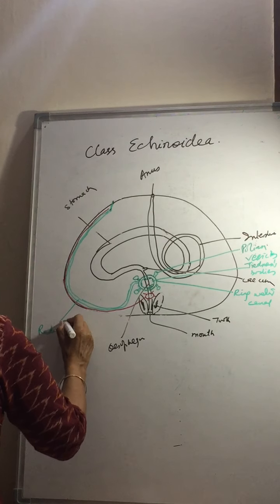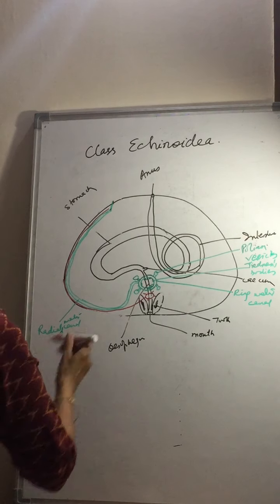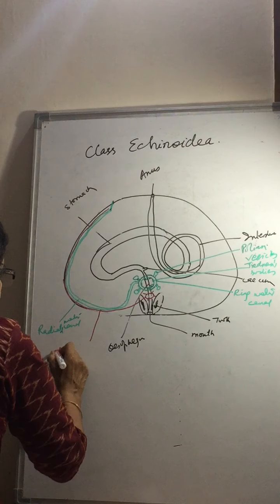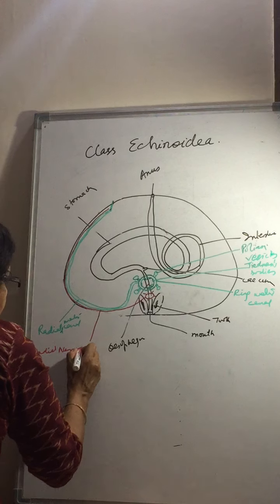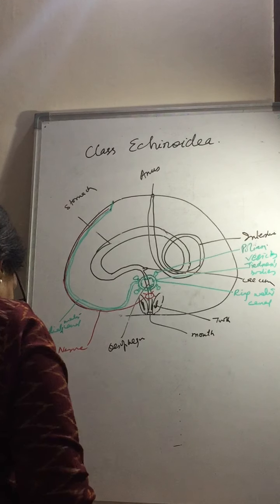We can write it as radial water canal. So this is the ring canal which is there, and this is the radial nerve which is there.